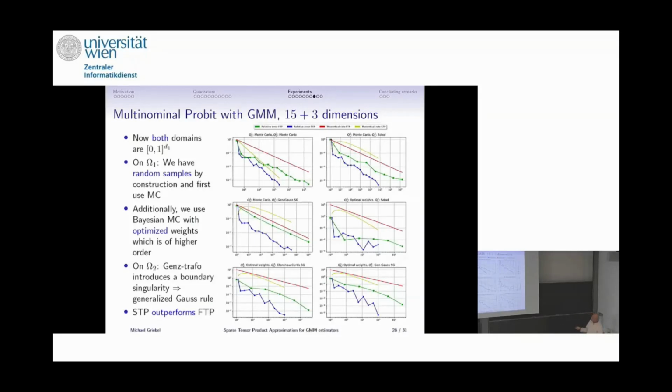If we go for Bayesian Monte Carlo, this is necessary. So these are the optimal weights, these 3 here, and it's clearly seen that the standard product rule is much worse than the sparse rule. Okay, here, here, and here. And these are 10 to the minus 5, 10 to the minus 4. These are big improvements on Monte Carlo. Monte Carlo has n to the minus 1/2.